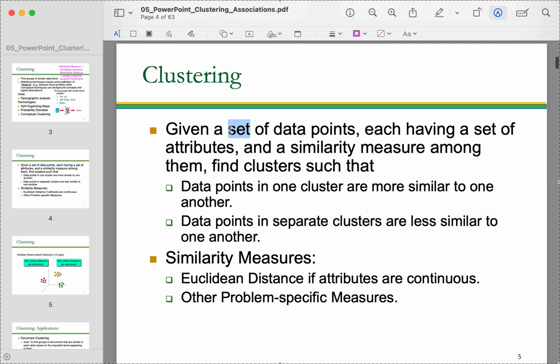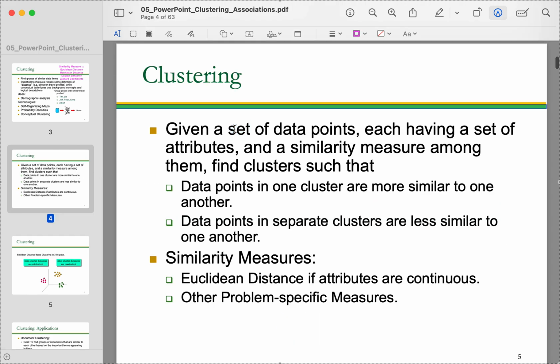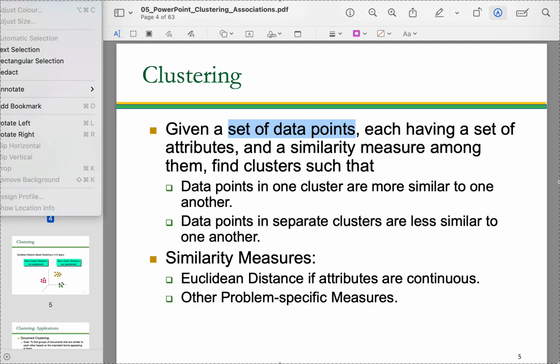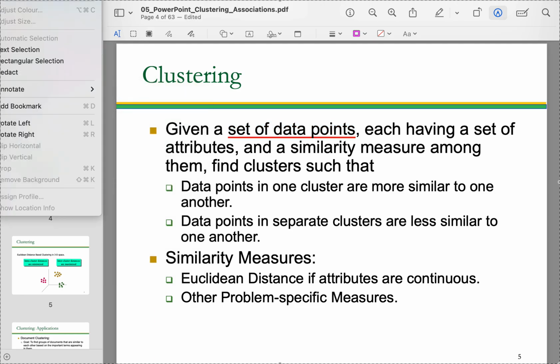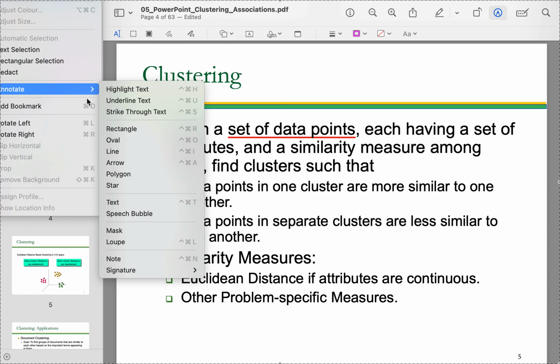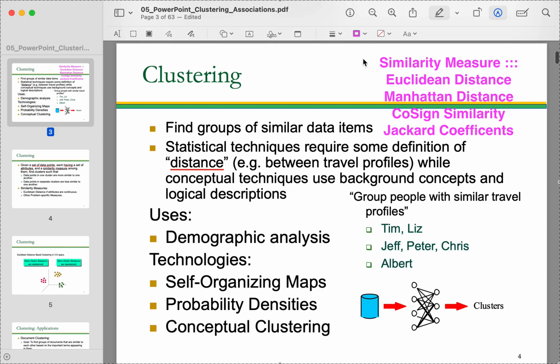So, given the set of data points, each has a set of attributes, and the similarity measure that we will be using, it can be one of those in the pink color here.